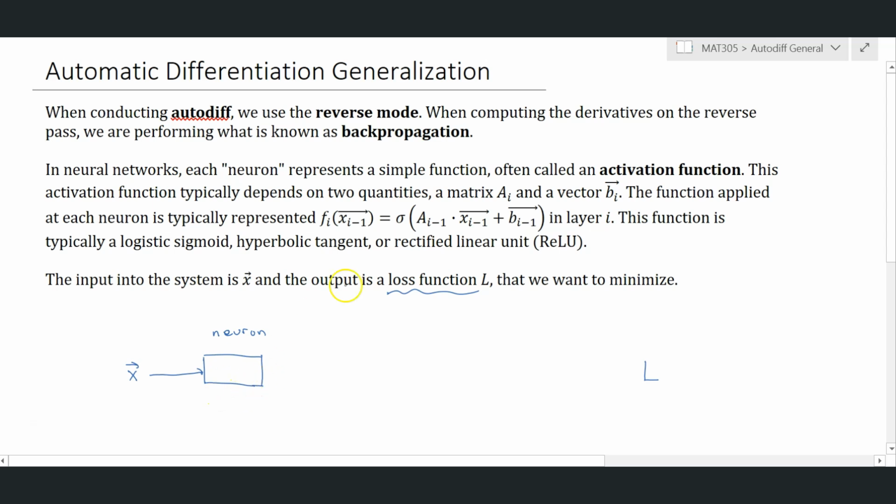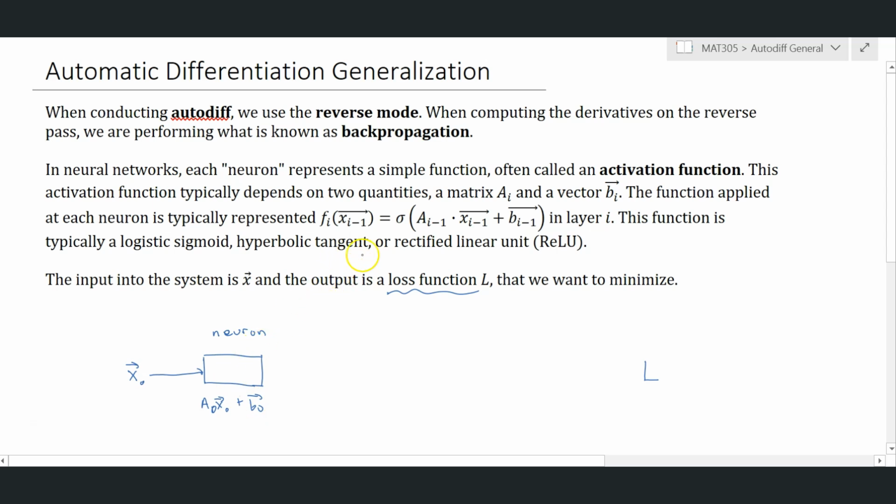At this stage, it is going to take the input x, which we'll refer to as x0, and apply some matrix multiplication to it, a0 times x0, and add b0.